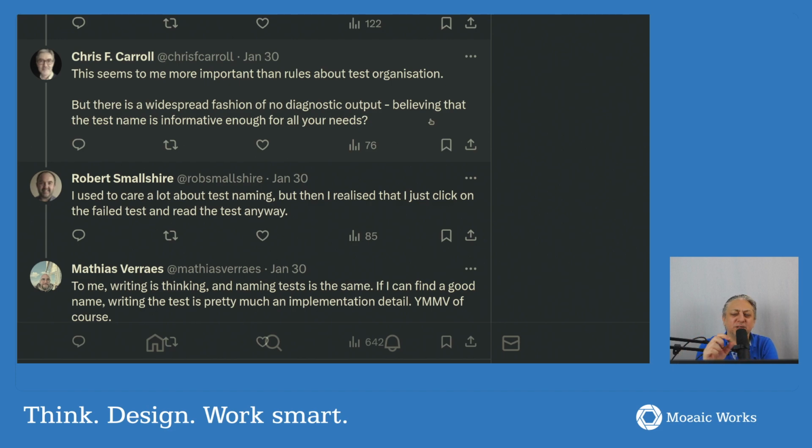But to me, these are too long. I don't really like them. I like to have a short sentence, usually with underscores or with camel case. And so the name of the test should include what you're checking.